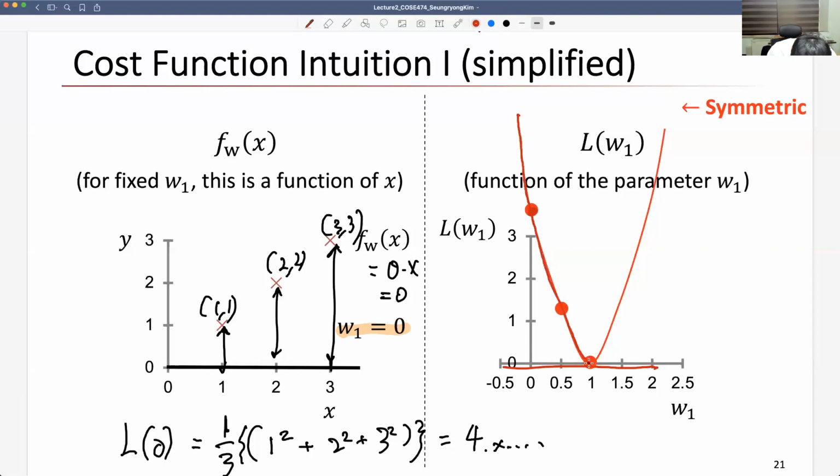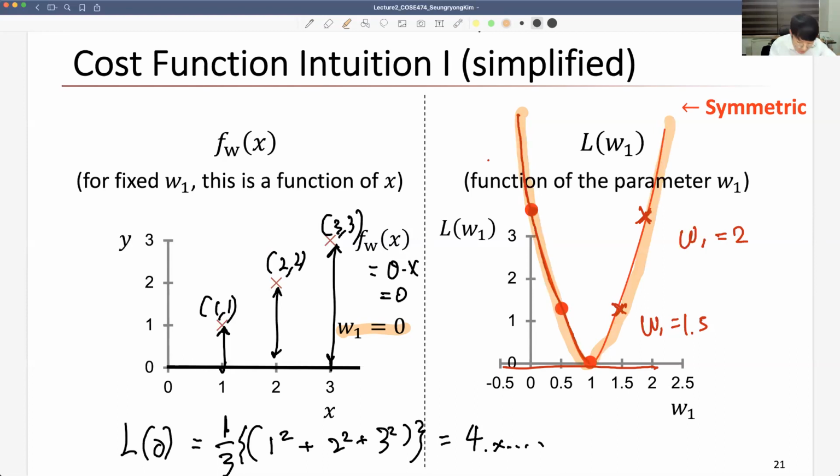Or we can consider W1 equal to 0.5, or W1 equal to 2, and the cost is going to be here. By doing similar things, we can draw a curve that looks like this.